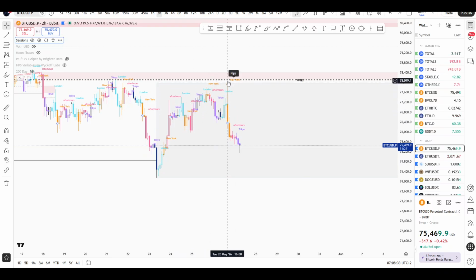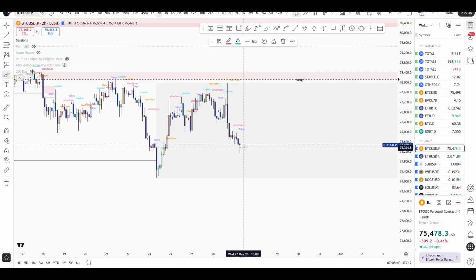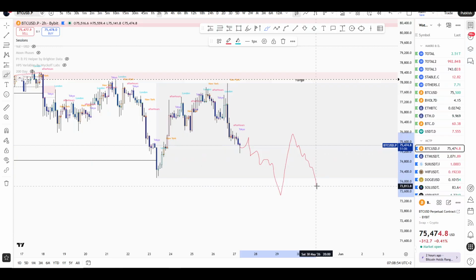New York pushed price higher, down, and now Asia was a bit slow, but maybe we get the London, we come down, New York, sell to buy, come up again, and then we make our way back down, and this is our weekend trade, for example.